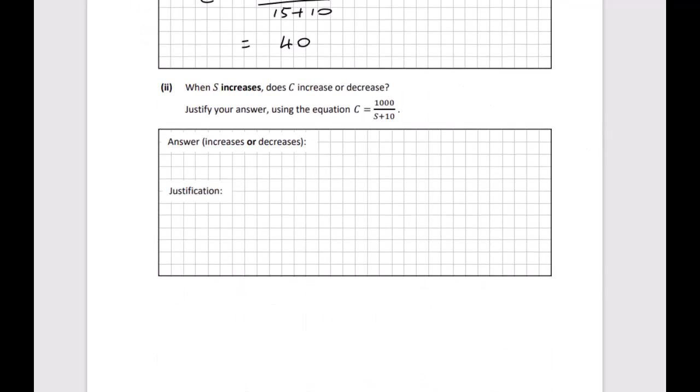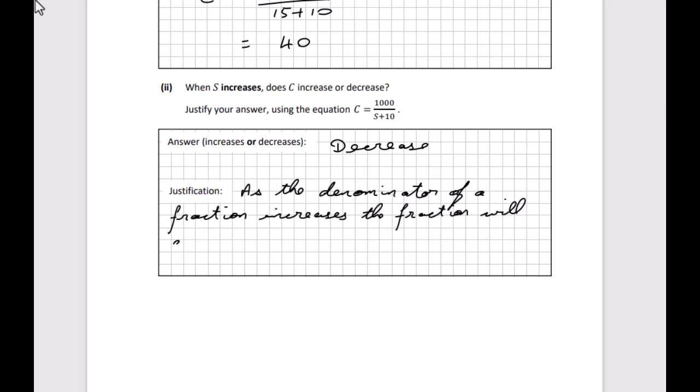When S increases, does C increase or decrease? Justify your answer using the equation C is equal to 1000 over S plus 10. So it's going to decrease. And the reason for that is, as the denominator of any particular fraction increases, the fraction itself will decrease.